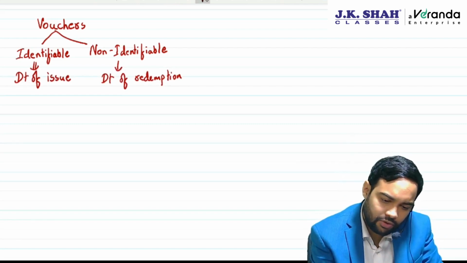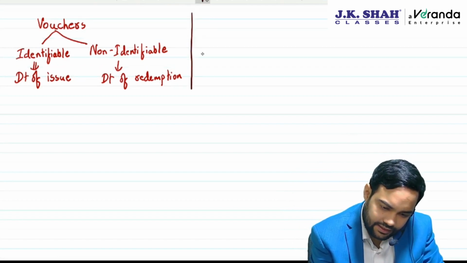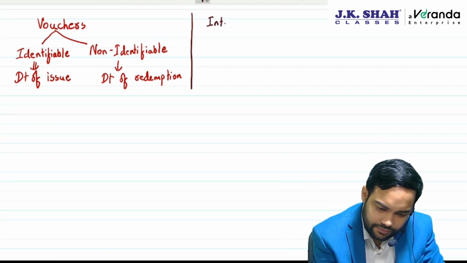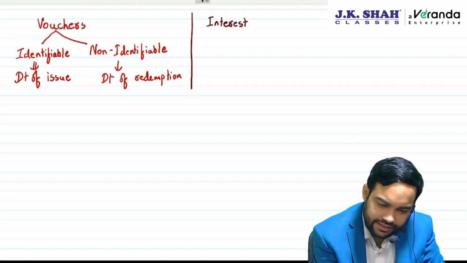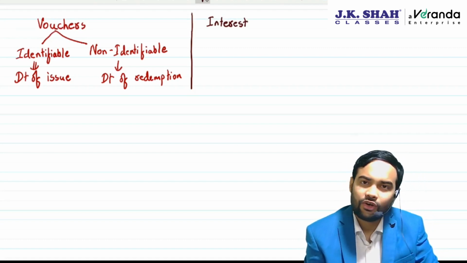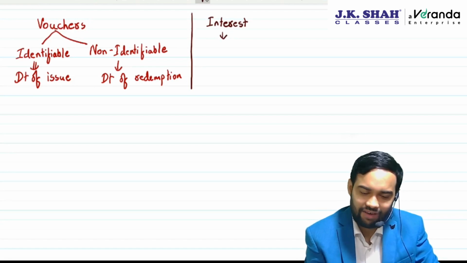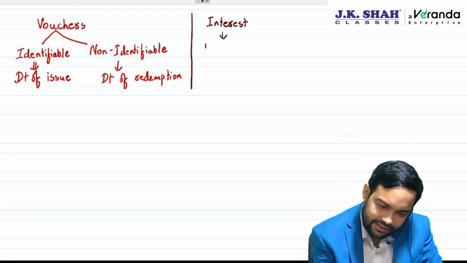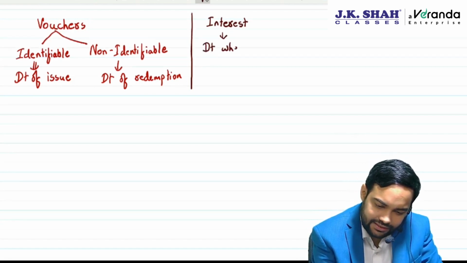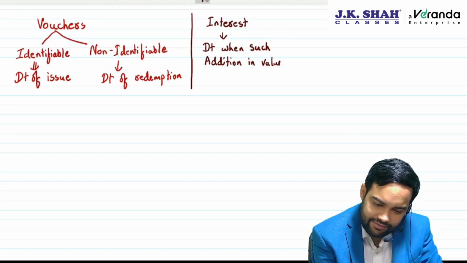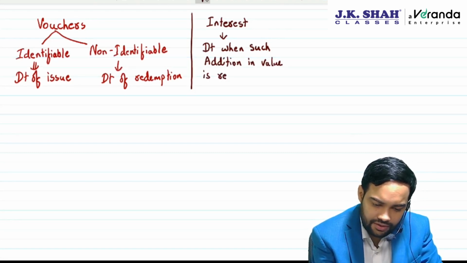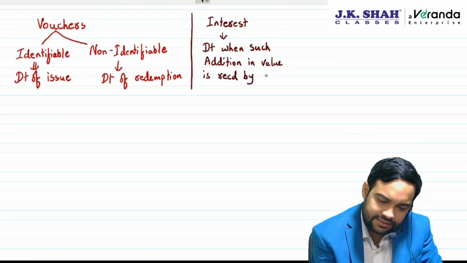Then talking about interest. The time of supply for interest or late fee or penalty, you can call it by any name, will be the date when such addition in value is received by the supplier.